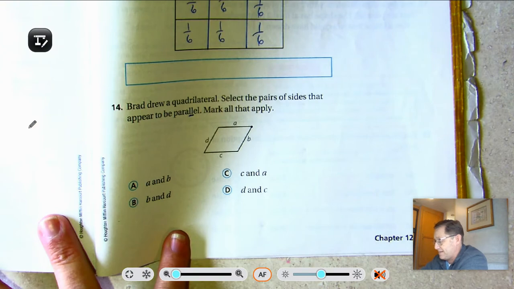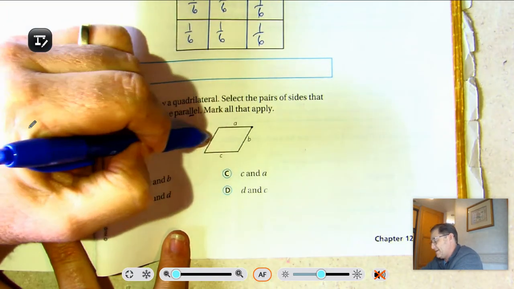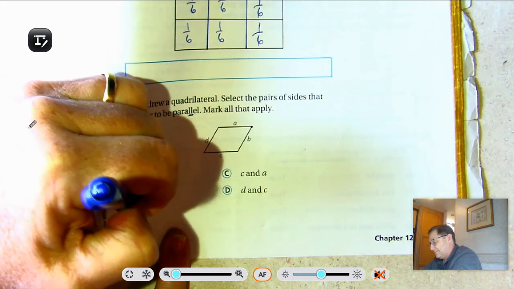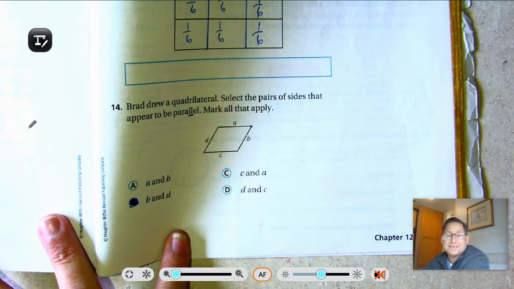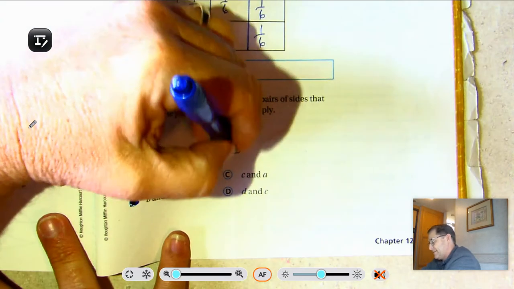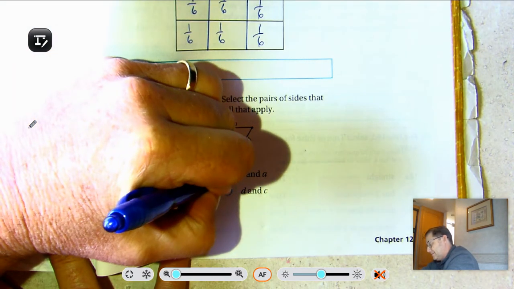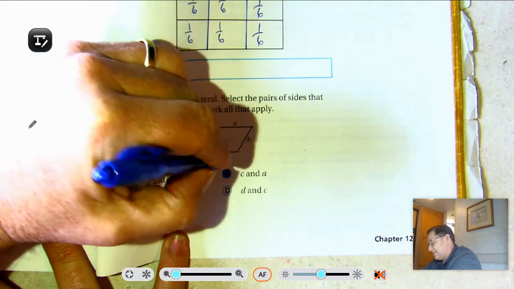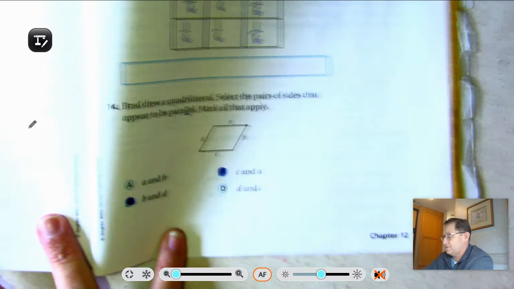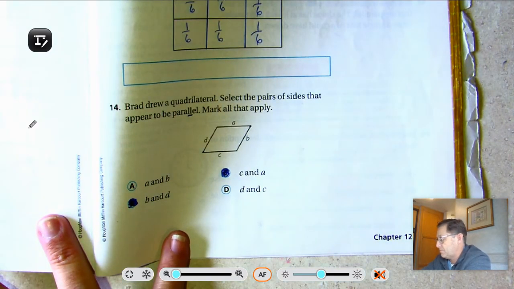So it's not A and B. B and D. B and D, yes. B and D are parallel. C and A. C and A, yes. D and C. D and C, nope, they meet right there. So our answer is B and C.